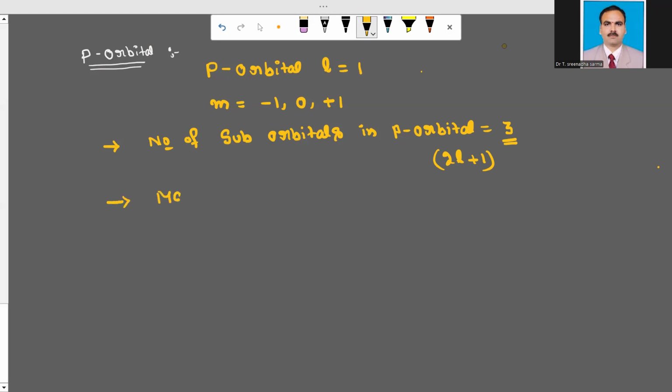Maximum number of electrons in p orbitals: 6 electrons.